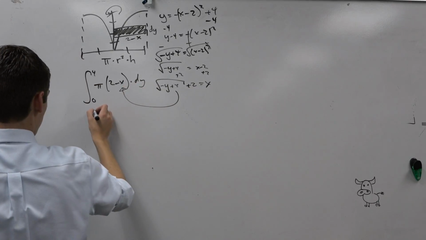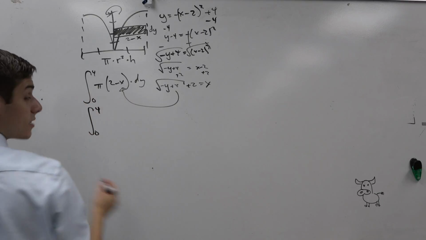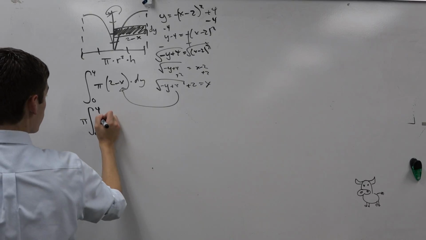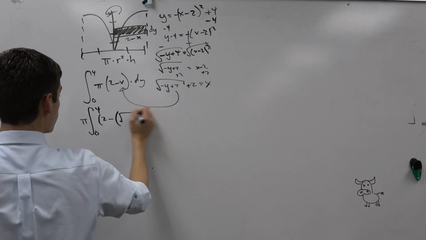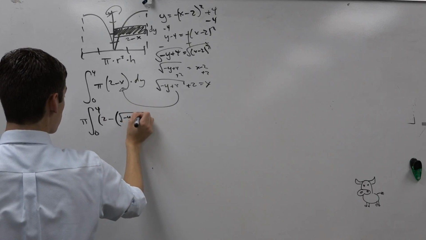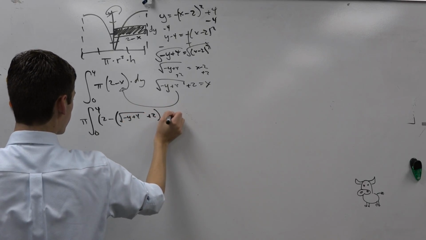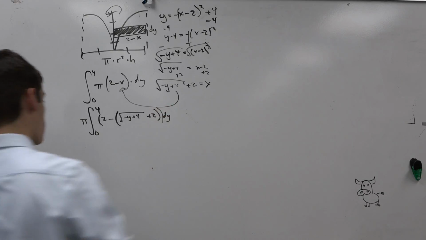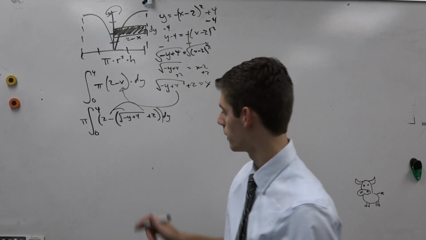So then this will equal 0 to 4. I'm going to take the pi out, so that's a constant. Pi times the integral of 2 minus the square root of negative y plus 4 plus 2 times dy. And so next what I'm going to do is distribute this negative into this a little bit.